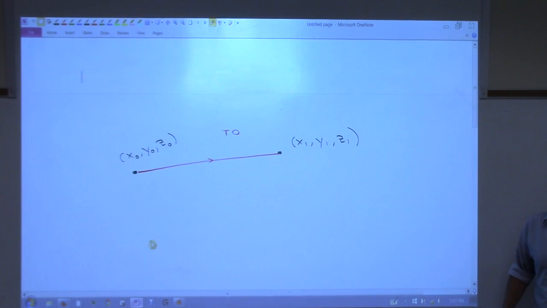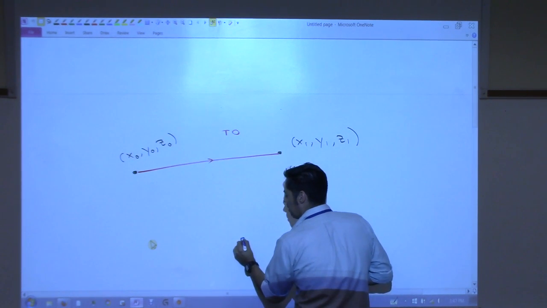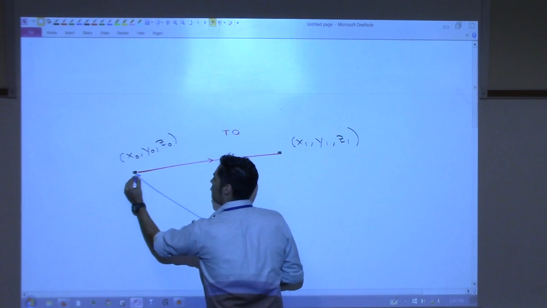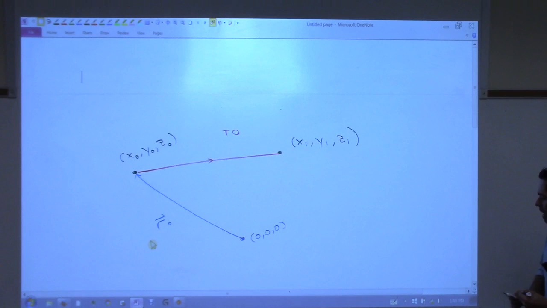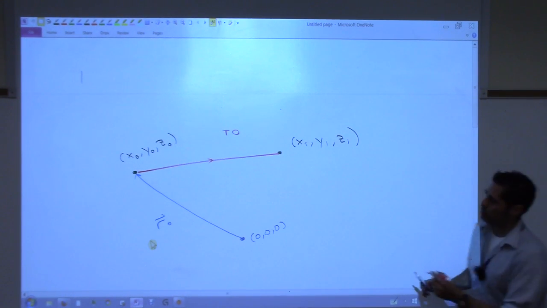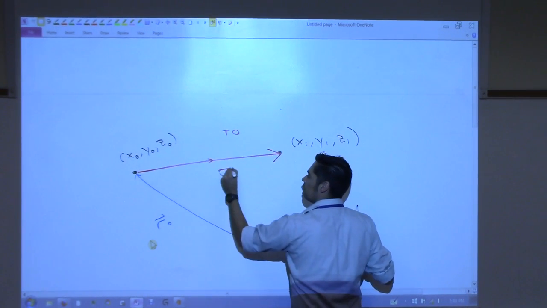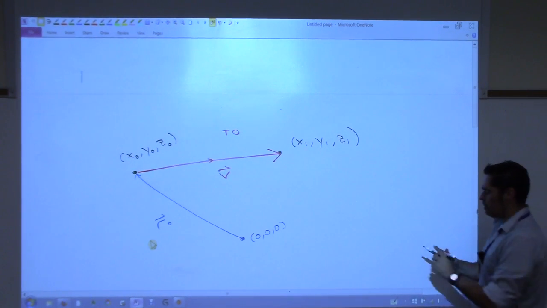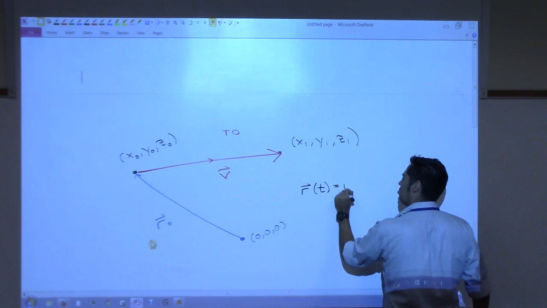Here's how I'm going to do it. First thing I'm going to do is start at the origin, which is 0, 0, 0. I'm going to draw a vector that goes to here. I'm going to call that R naught. That look familiar? We did that a minute ago. And then the red vector, the vector that goes from here all the way over here, I'll call V. Then the vector equation of this line is exactly what we just had.